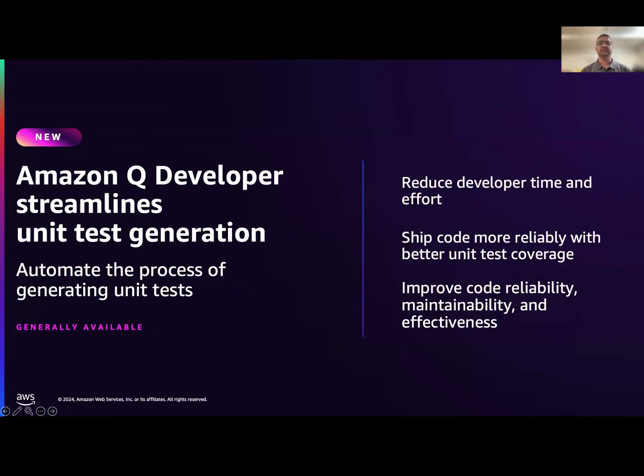Another feature is unit test generation. That is now generally available. Once prompted, Q can automatically generate and execute tests. It uses the entire project as context when identifying the test cases and generating the tests, saving developers time and effort in writing comprehensive unit test cases.